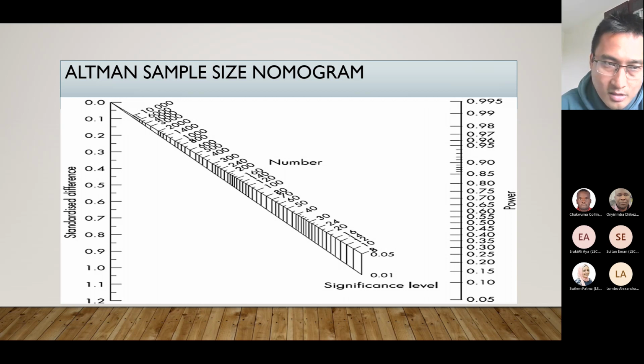How do you calculate the standard difference? This is the sample size, and significance is given at the bottom. You just match the rows and draw a line. Yes. Okay, so that's the way to answer this question.